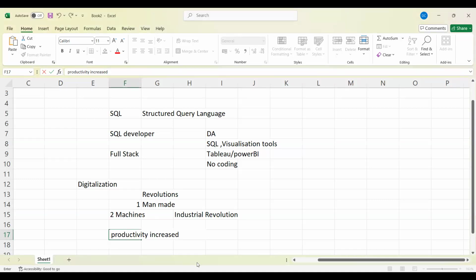I'm not writing all the points here, I'm just explaining for your understanding. Almost all of us know these points, but again, just to introduce the database, I'm saying this first. Everything was done by humans only. Next, machines came into existence, and with the industrial revolution, productivity increased.